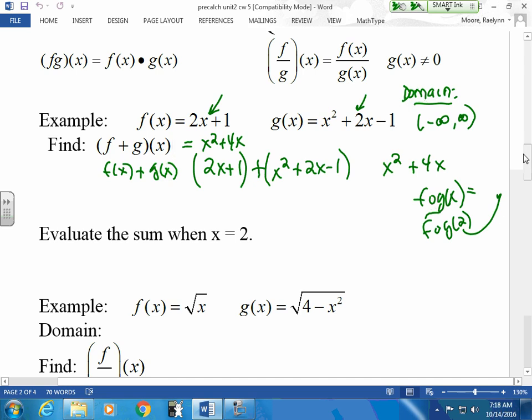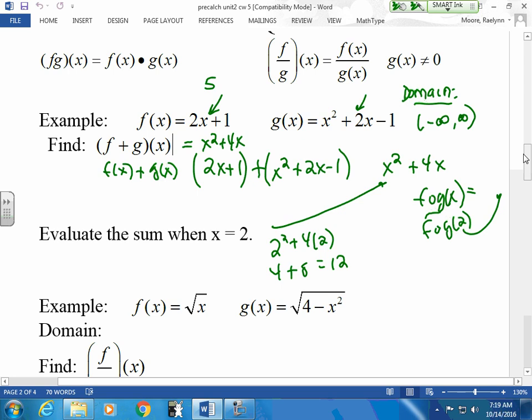So we evaluate this when x is 2. So 4 plus 2. And if you want to check it, you can plug it into here. 2 times 2 is 4 plus 1 is 5. 2 squared is 4 plus 2 plus 2 times 2 is 4.